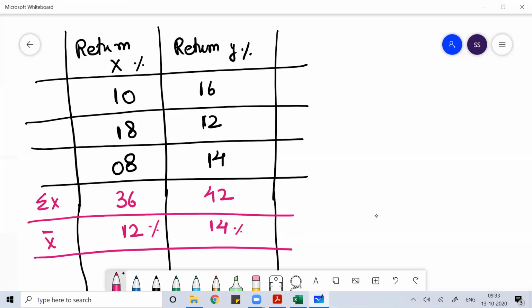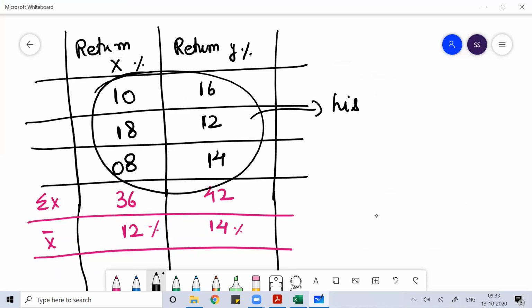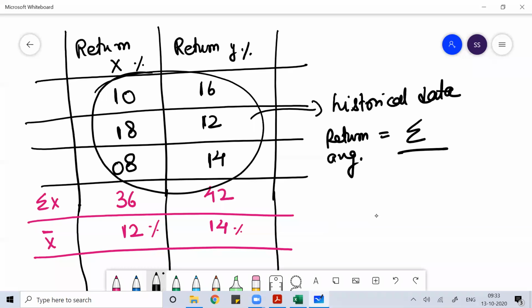These are historical data, understand that. Whenever you get historical data, the average return would be the sum of the data divided by the number of data.